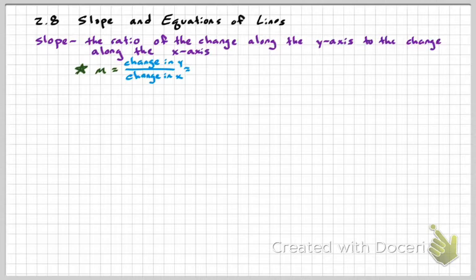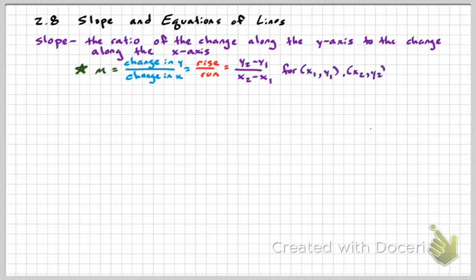The changes in the y values over the changes in the x values, which then becomes what we know as rise over run, right? The change vertically over the change horizontally, which then leads us to our equation of how to find slope. And we use those sub numbers, y sub 2 minus y sub 1, over x sub 2 minus x sub 1.